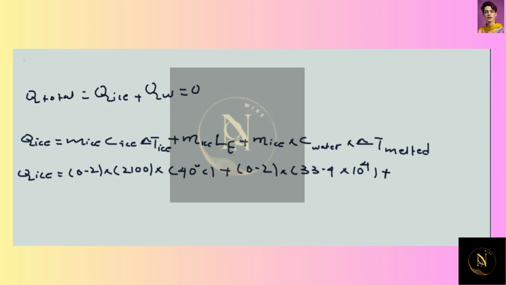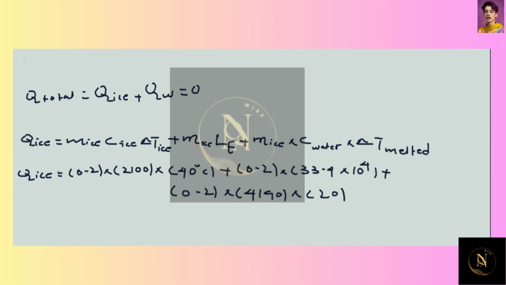Plus, now mass of ice is again 0.2 multiplied by specific heat of water, which is 4190 joules per kilogram per degree centigrade, multiplied by delta T, it's 20 degrees centigrade minus 0, which is 20.